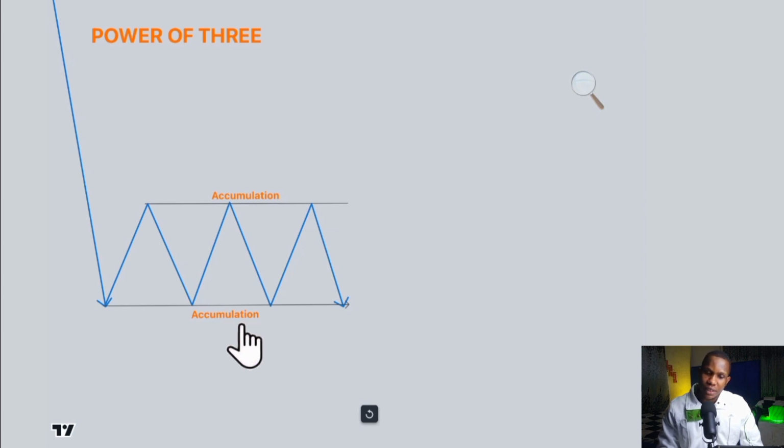Early buyers will be stepping in at all these lows in the market, but not knowing that the smart money are setting a trap for them, which will end up hitting their stop loss level, which is the manipulation phase. Let's take a look at what that is.